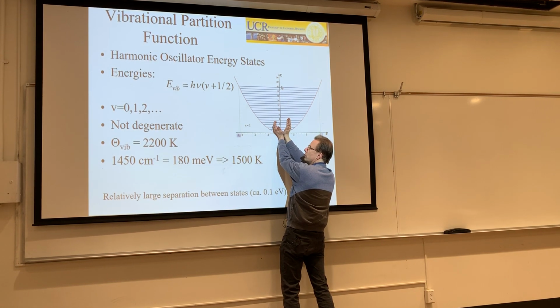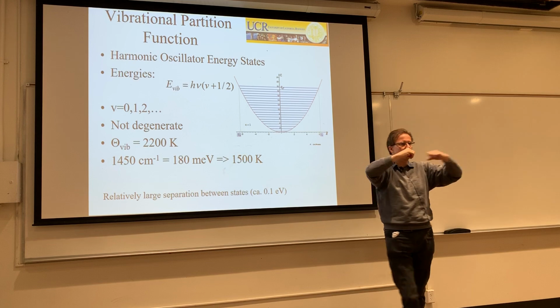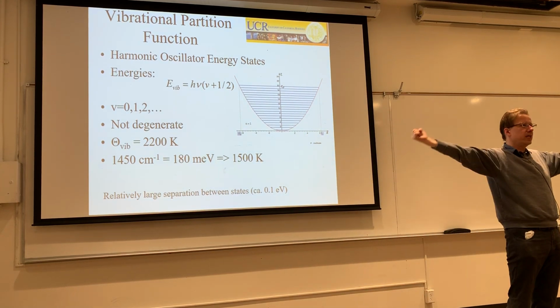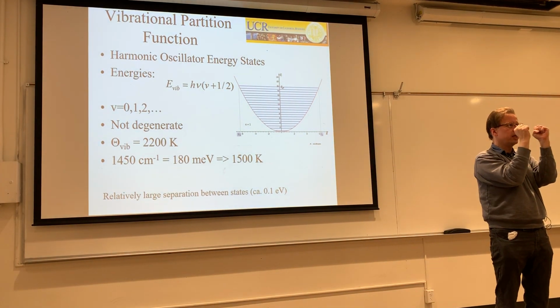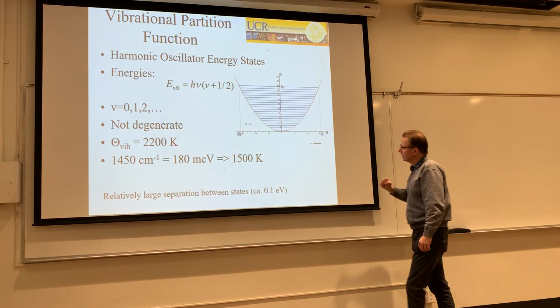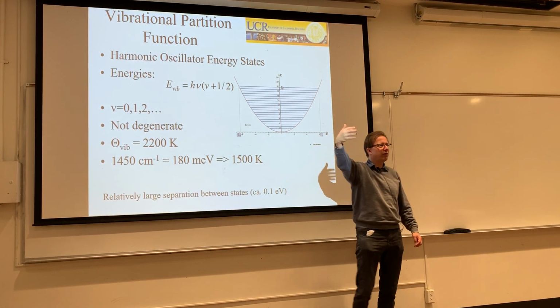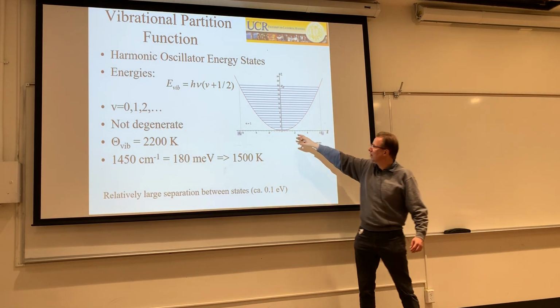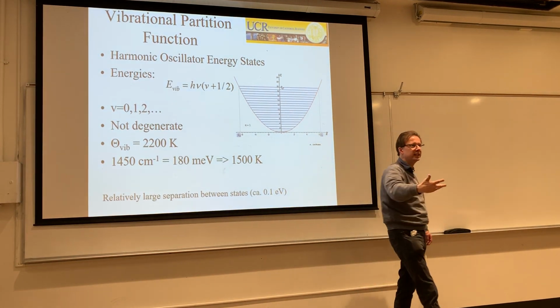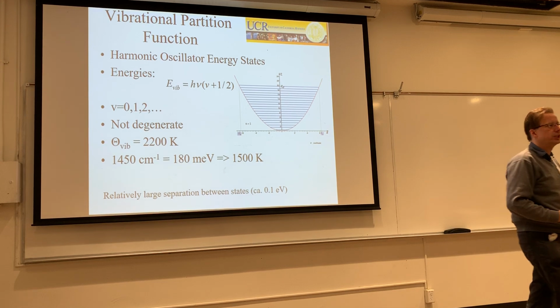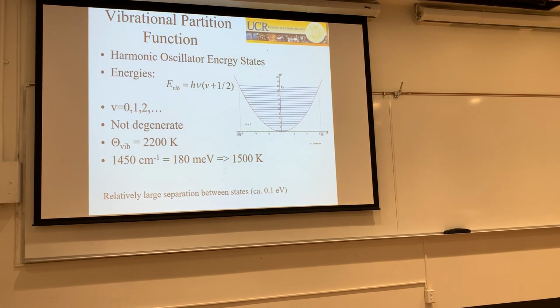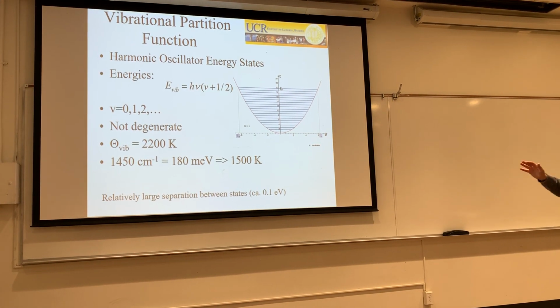And if you have different widths of this parabola, if the vibration has more movement of the atoms or less movement of the atoms, then you'll find that this state goes up and down. So if I have a reaction, that energy from the vibrational ground state can be released and can be part of the reaction enthalpy. But we're not talking about reactions.